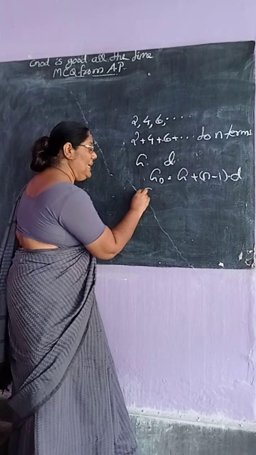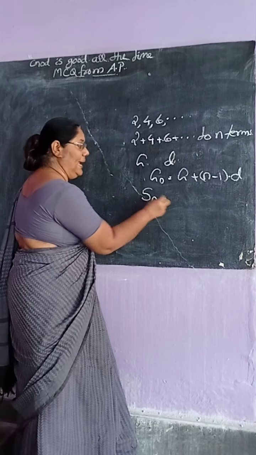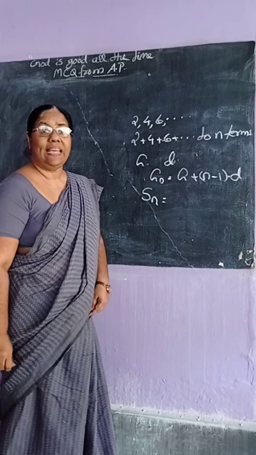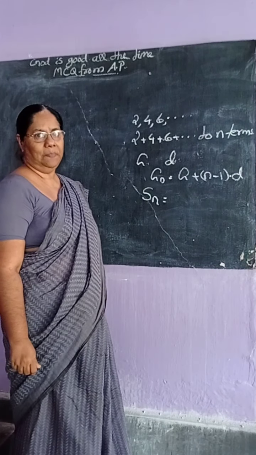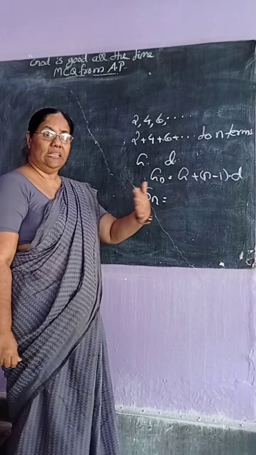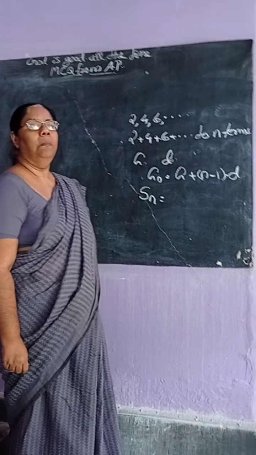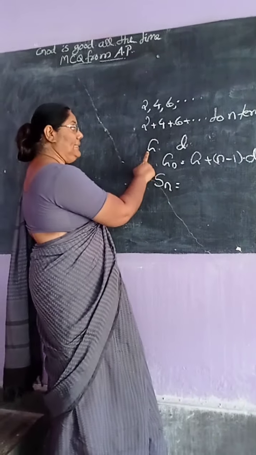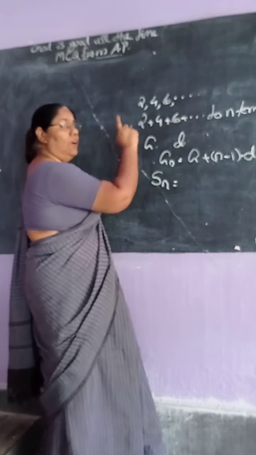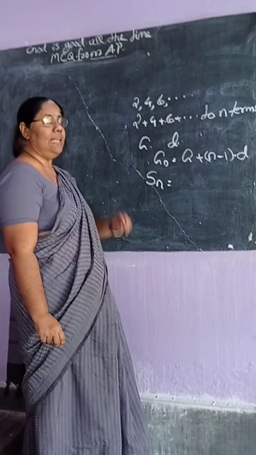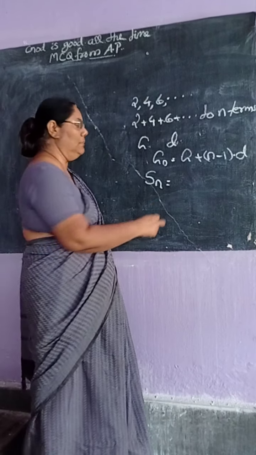That means Sn. Notation is Sn, the sum of n terms. How can you find the sum? The formula is, let A be the first term and D be the common difference, and n the number of terms.